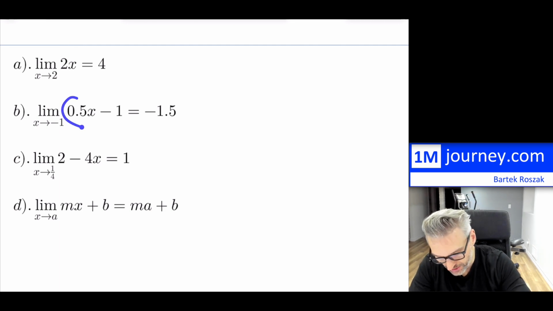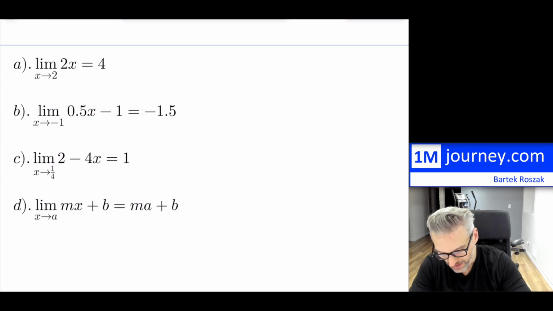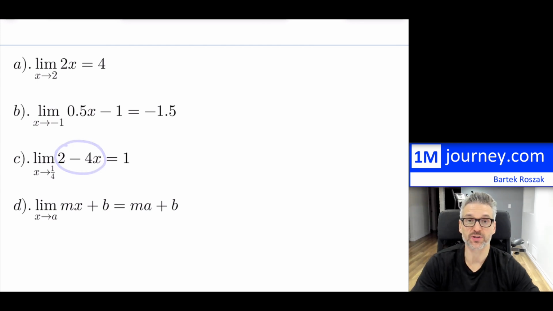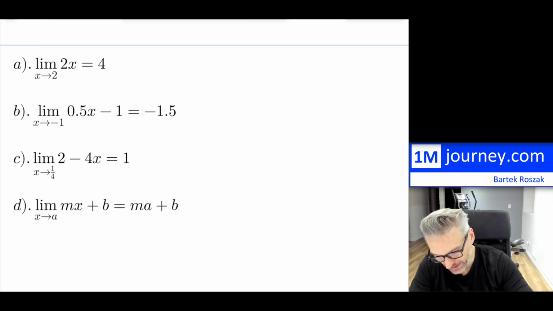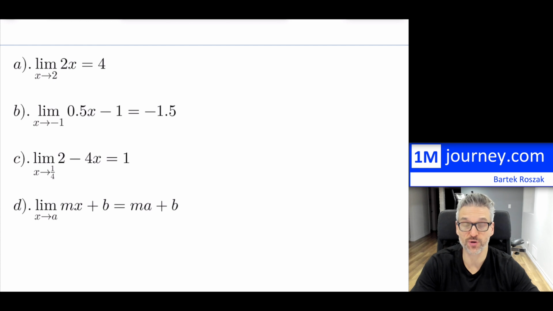Here is another linear function, 0.5x, so that's the slope, and the y-intercept is -1. Here's another linear one. This one looks a little different, but it's nothing more than -4 being the slope and 2 being the y-intercept. And here is the general linear equation, and I'll show you that for any linear equation, what the delta will be.